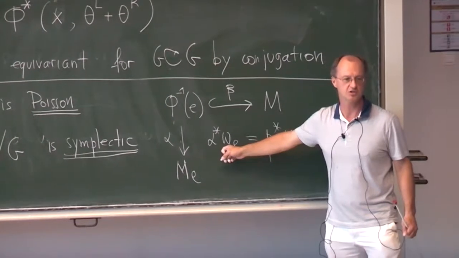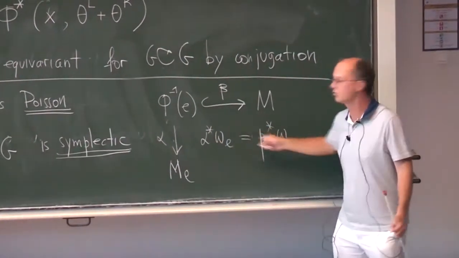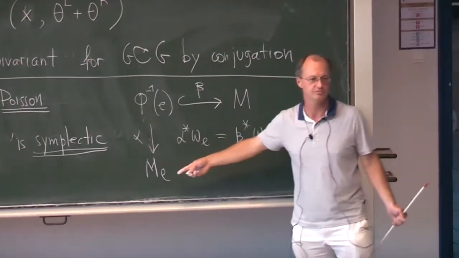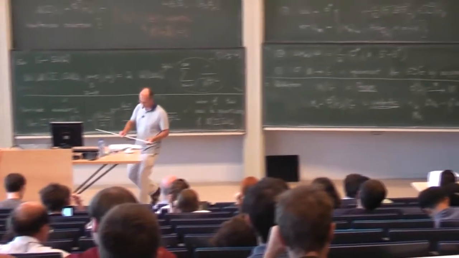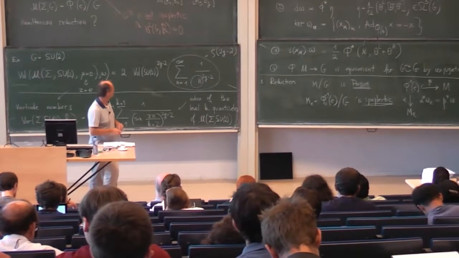It's closed and non-degenerate. Of course, there is no contradiction, but there is something to prove. Right. So that's step 1.